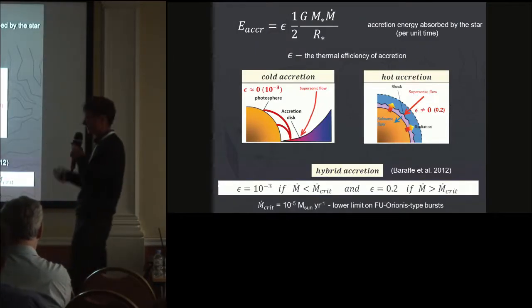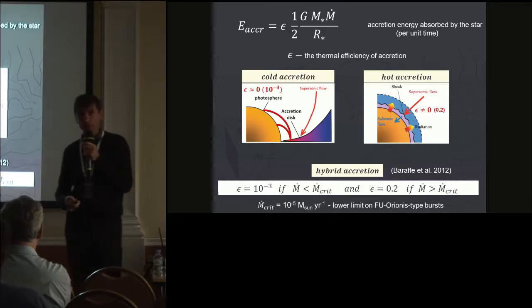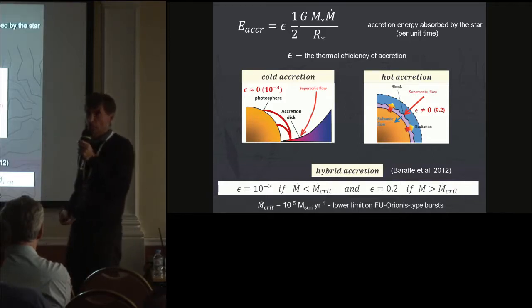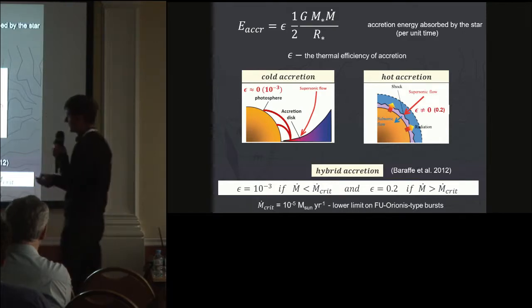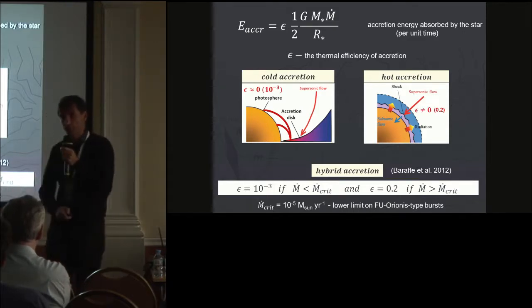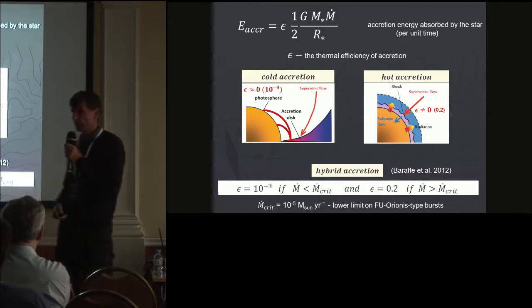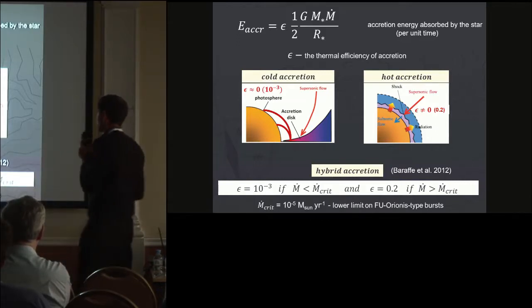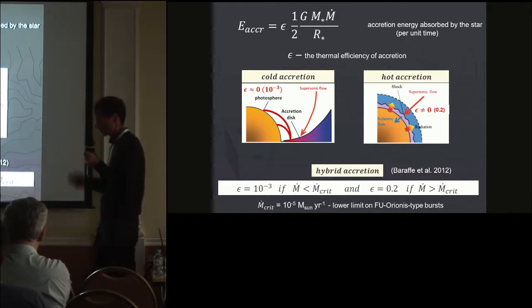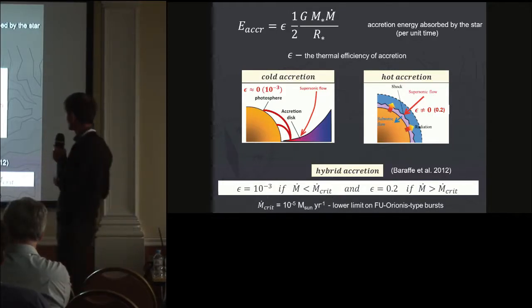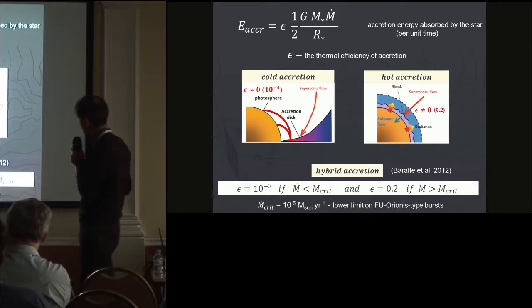However, if the accretion rate is large, like during an FU Orionis eruption, 10 to the minus 5, 10 to the minus 4 solar masses per year, then these magnetospheric tubes can be crushed. The magnetic field lines can be very complex, and the matter can fly all the way towards the star and actually envelop the star.